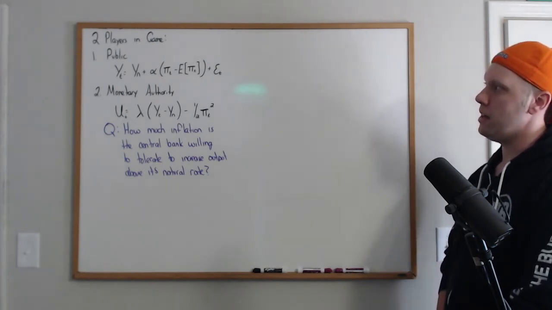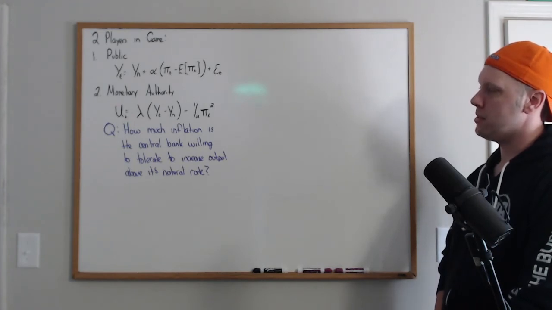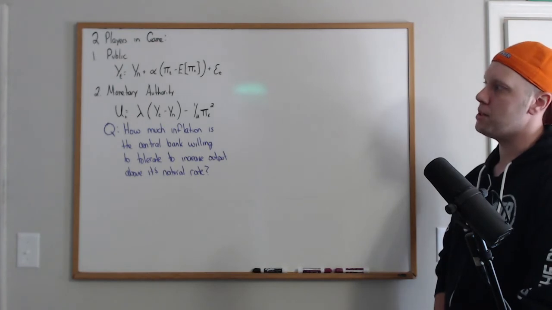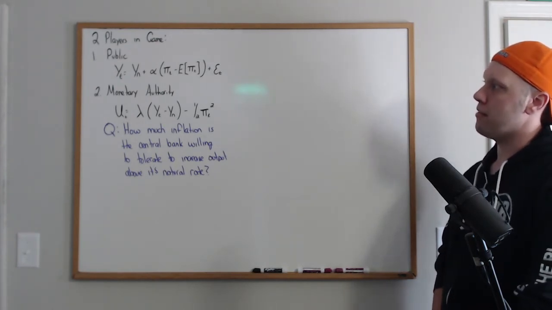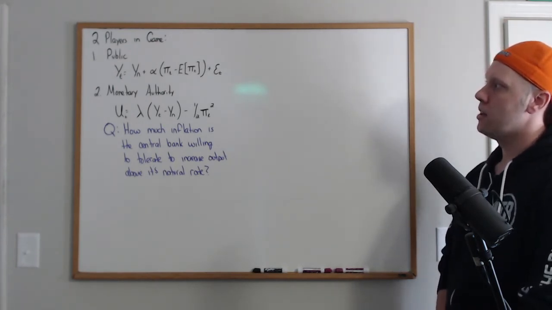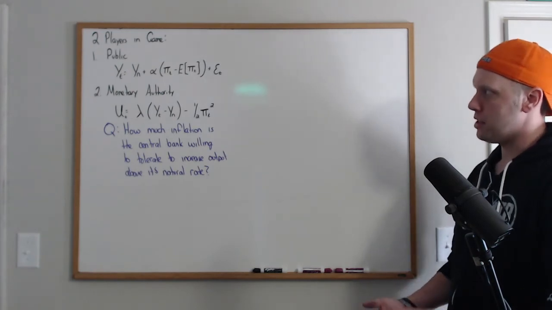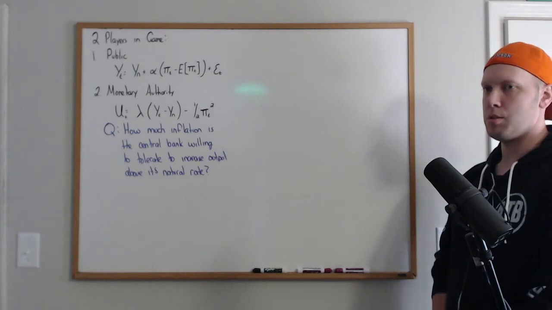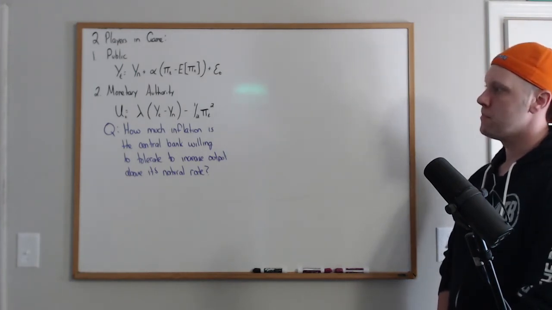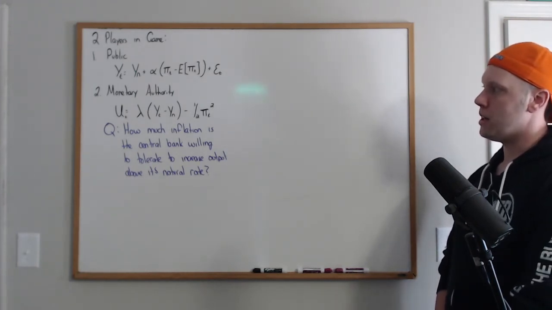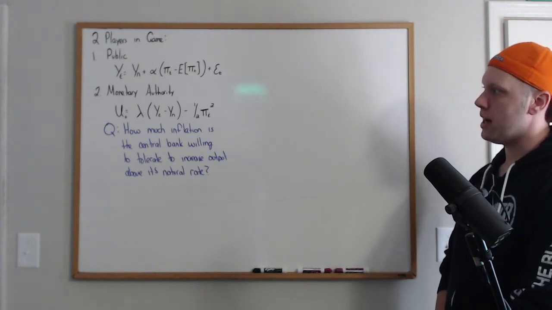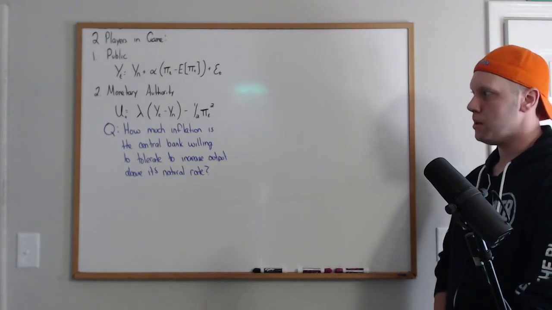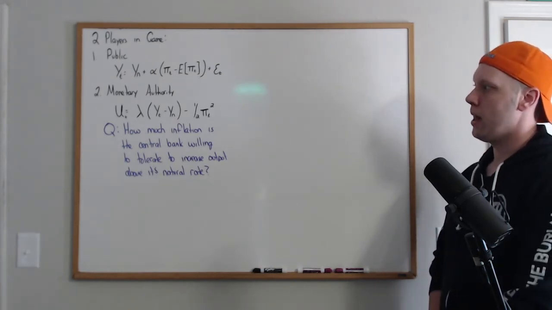And if there's any deviation from what they announce, which guides expected inflation, then if actual inflation is higher than what they announce, they can increase output, at least just in the short run, just a little bit. So then it really just becomes, if they're going to do that, by how much are they going to do that? That's really the big question here.